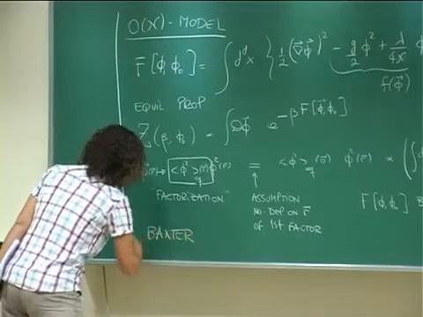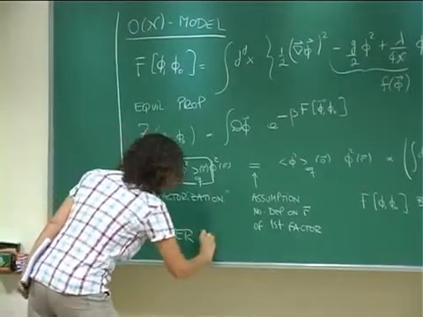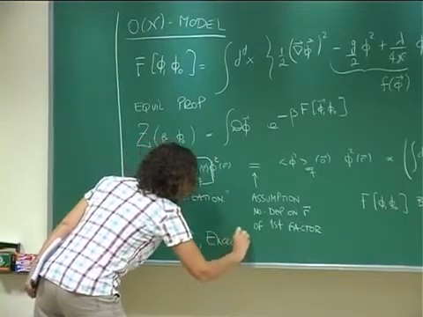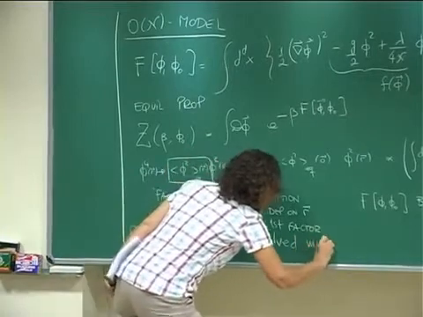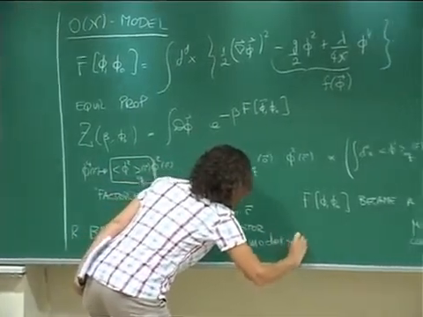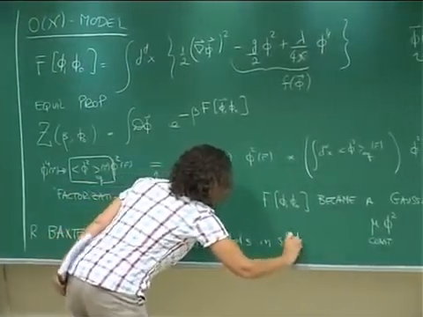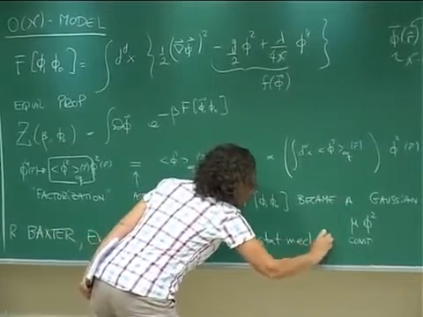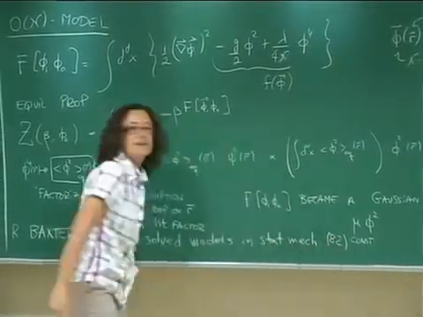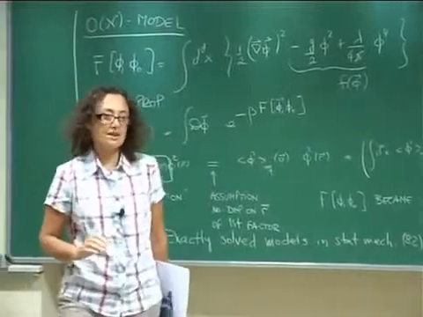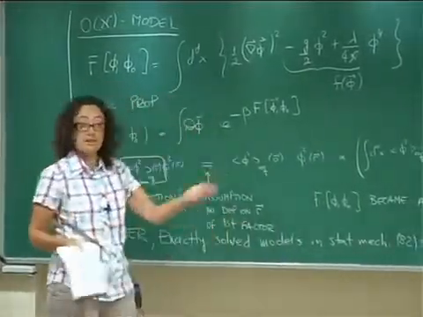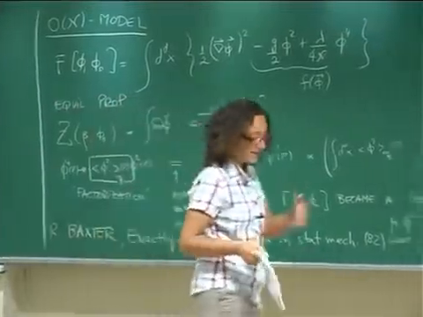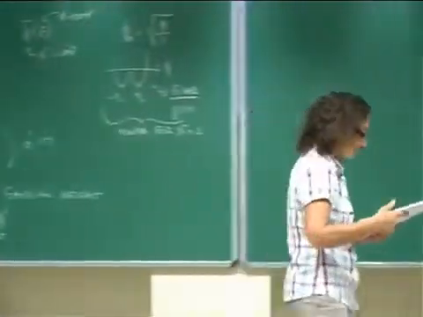So here's a reference, Exactly Solved Models in StatMech, from 82, I think. But okay, this problem had been solved much before this date. And it has non-trivial exponents at the transition, so it's exponents that are not just 1 or 2.